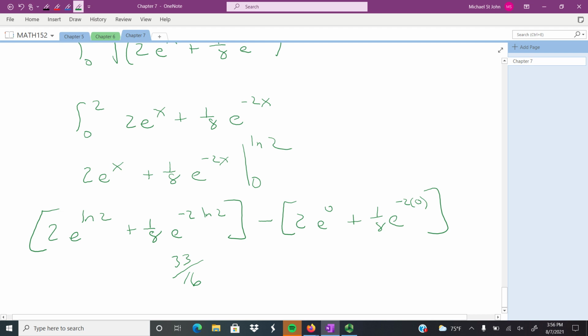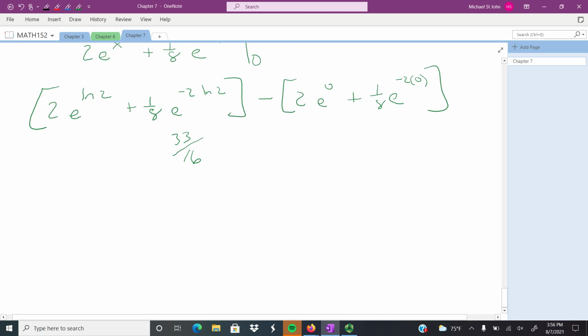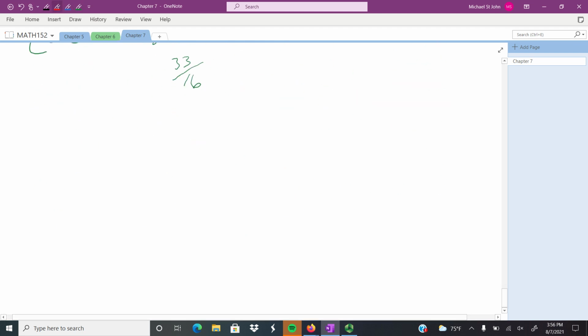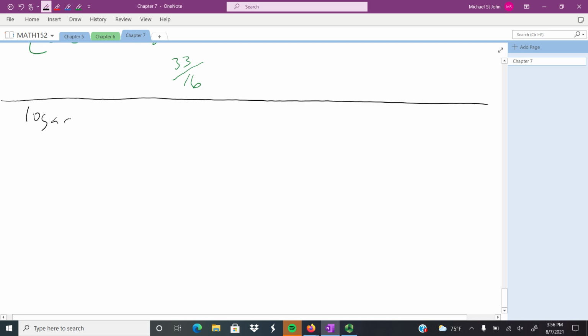Again, remember e and ln would cancel each other out and leave you, in this case, with that 2, right? So remember your rules about e and ln, they cancel, right? All right. Other things they talk about in here is what is called logarithmic differentiation.